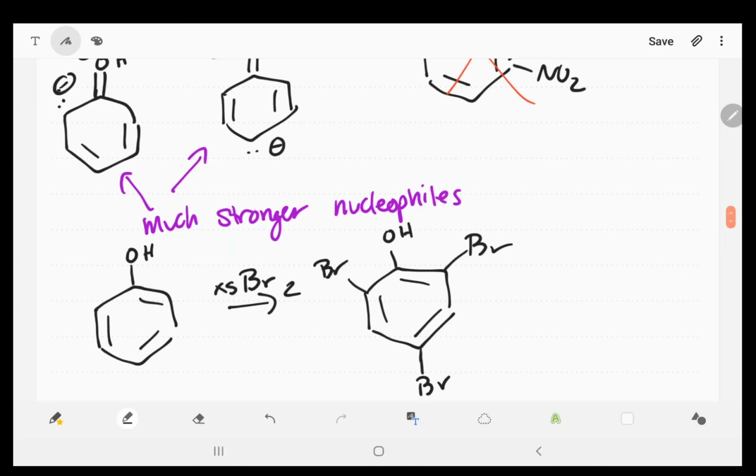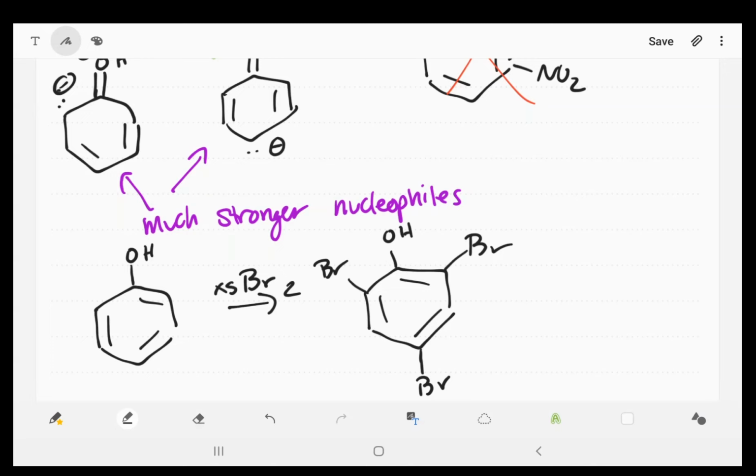It's crazy because it's so much more reactive. It's much more activated towards electrophilic aromatic substitution. We now have negative charges on our benzene ring. Those can attack electrophiles much more easily than just the double bond could, right?